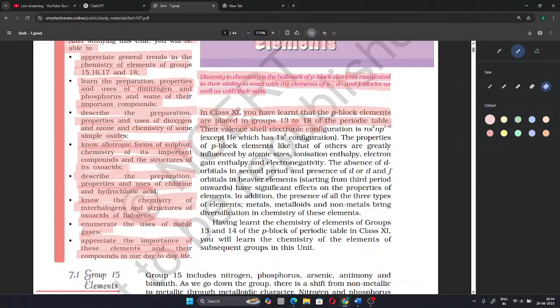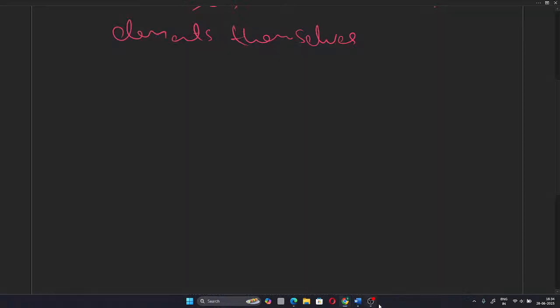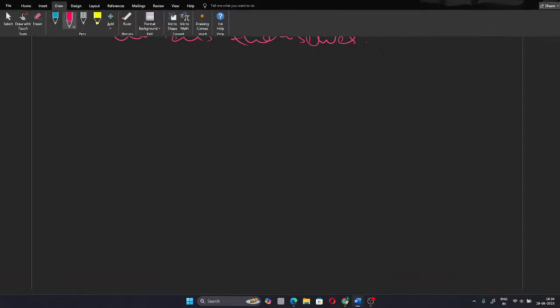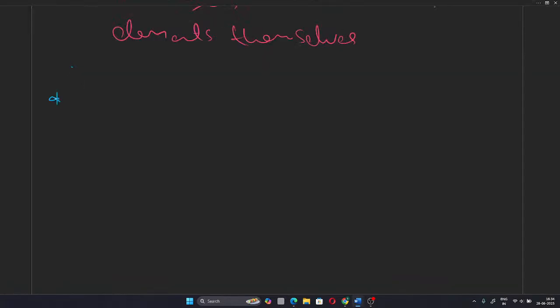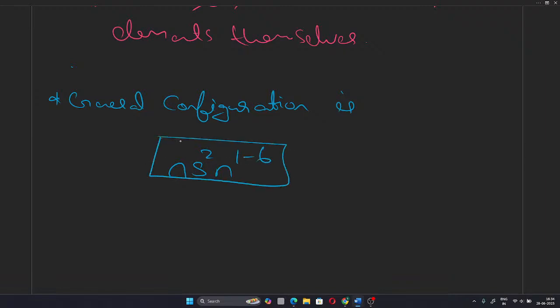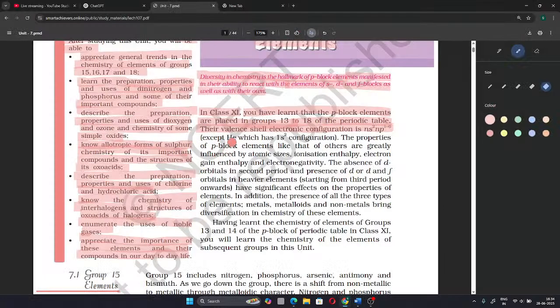Their valence shell electronic configuration is ns2 np1 to 6. The general configuration of p block elements is ns2 np1 to 6, except helium, which has 1s2 configuration.